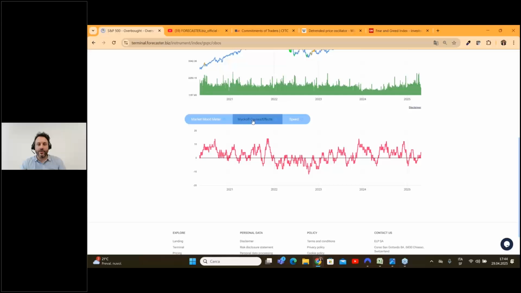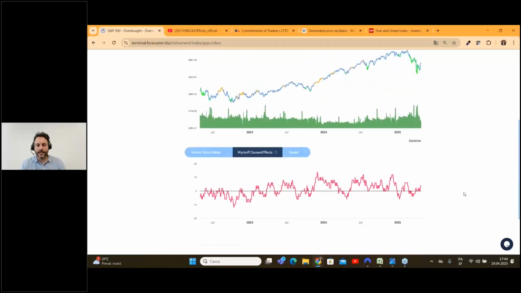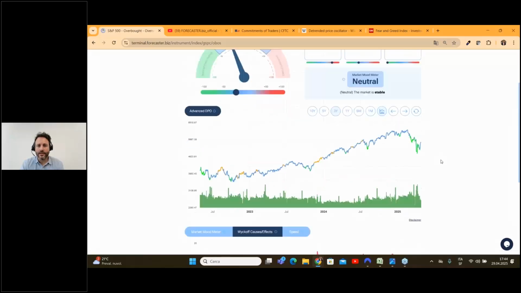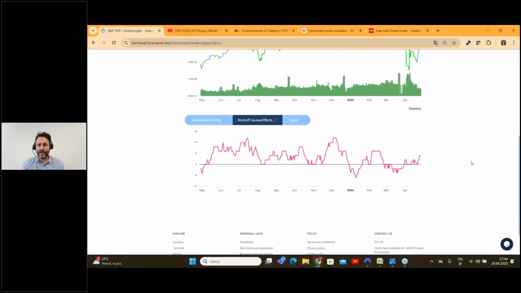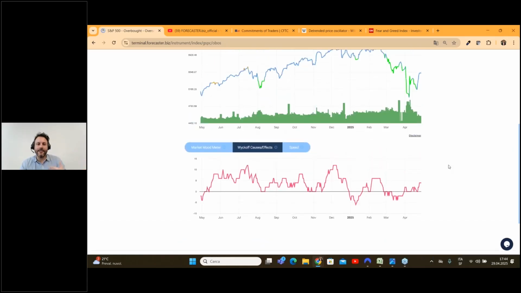It's a combination also of Wyckoff. Wyckoff is a very interesting indicator. Of course, guys, everything is explained. Okay. So, for example, talking about the Wyckoff, it's a very interesting indicator because it tells us if the number of buyers is exceeding the number of sellers and vice versa, of course.